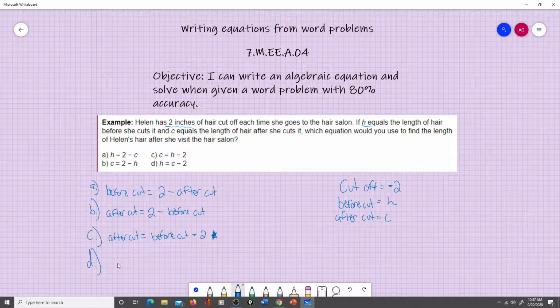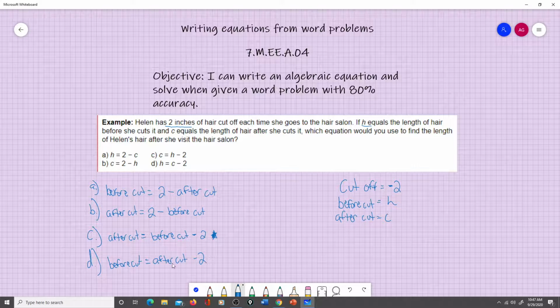So this last one says before we cut it is equal to after we cut it minus the 2 inches we're cutting. But this one doesn't really make sense either, right?